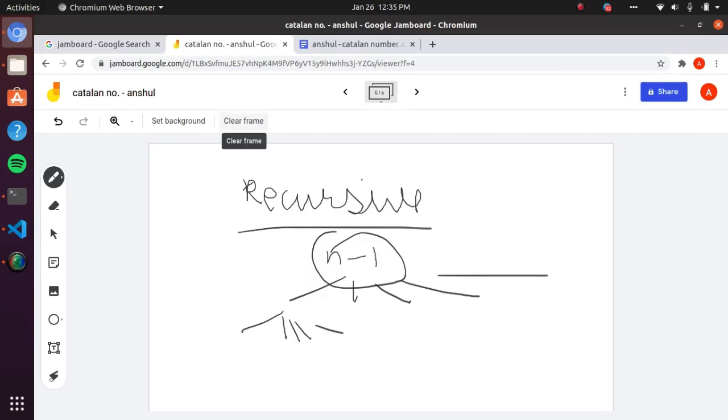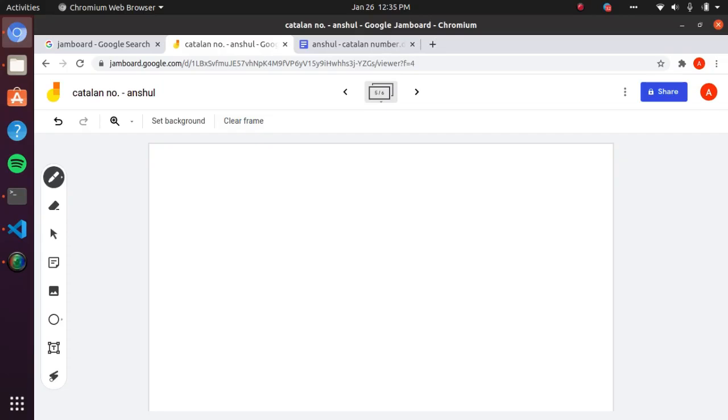So this is a very huge time complexity for a solution, and we can't solve a problem using this time complexity in some competition or any other thing.